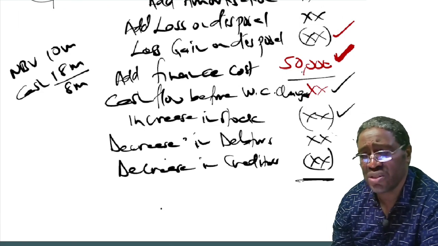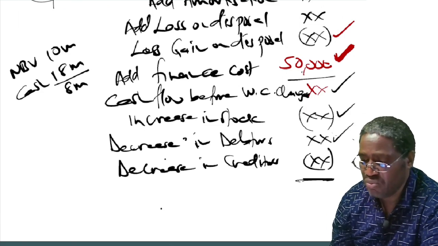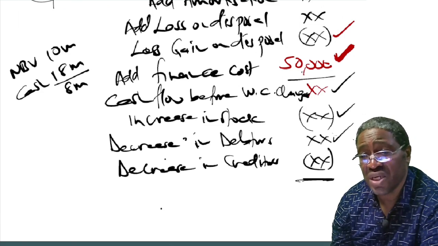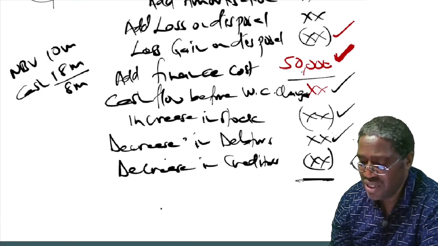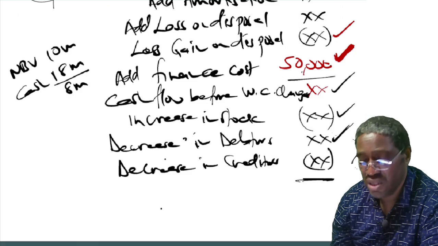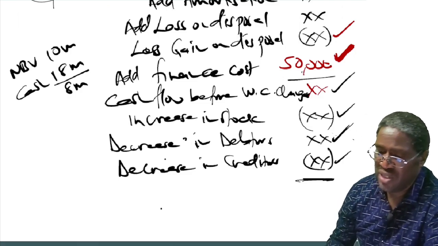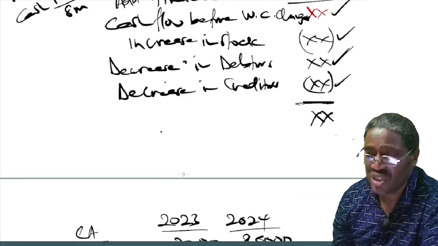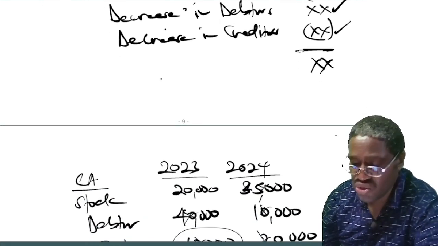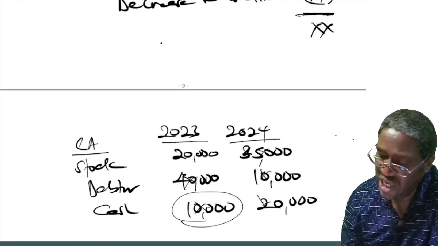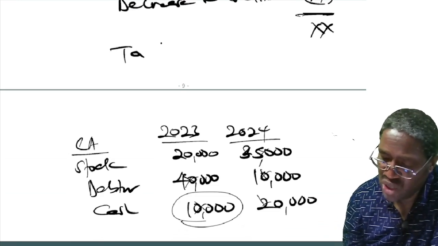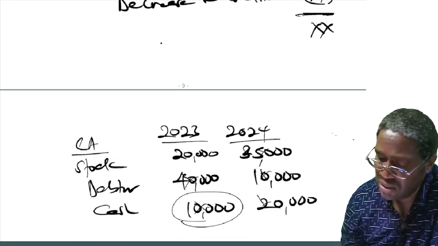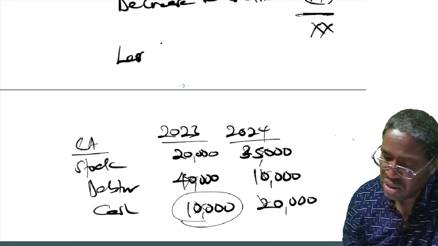Add the increase in stocks. Add decrease in debtors. And you minus the decrease in creditors. Then you get the net, whatever it is. Once you get that net, then if you remember, you had to come and say less tax paid.